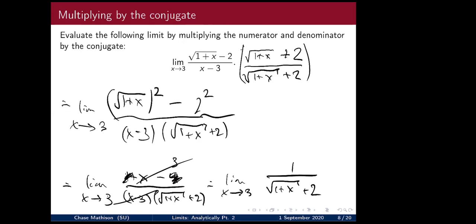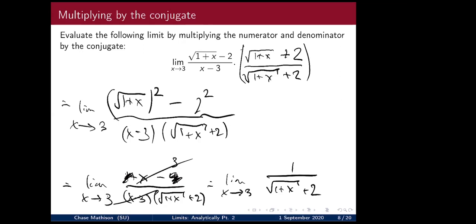And now what do I do? Don't you just rationalize? Good question. If I rationalize, that'll actually get me exactly back to where I started. So in these problems, we're kind of like de-rationalizing with the goal of canceling a factor. In other problems, if this was flipped, if we were looking at the limit as x approaches 3 of x minus 3 over square root of 1 plus x minus 2, then this technique, yes, would just be called rationalizing the denominator.